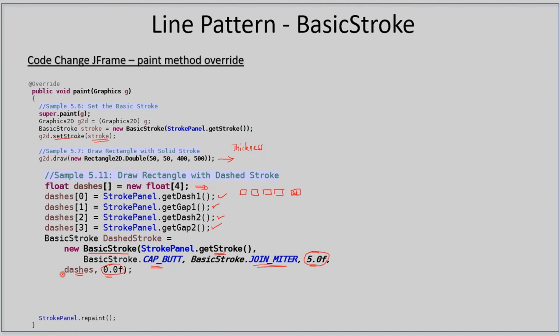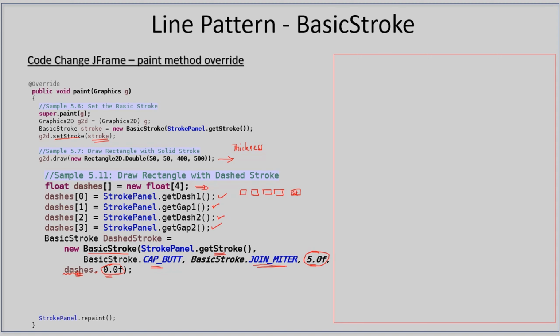What is important is this dash array, whatever we are passing. This is what defines the line stroke or line pattern. This one is the offset. We will explore only this one when we go to the code. Alright, BasicStroke is defined here.